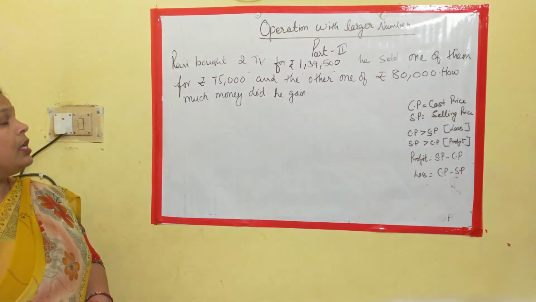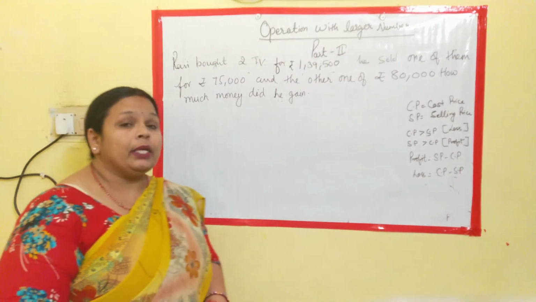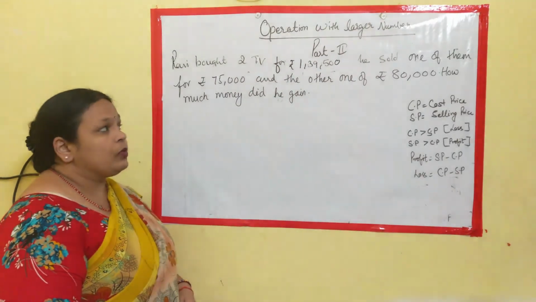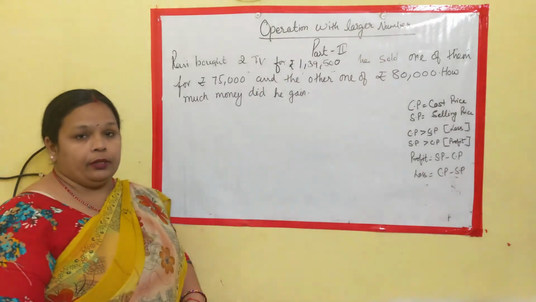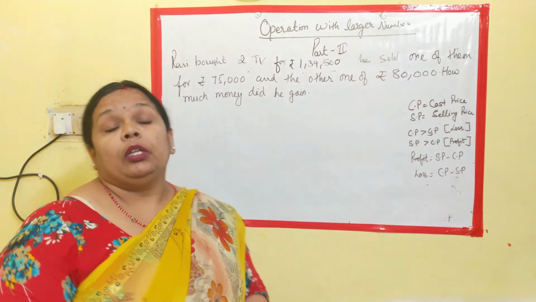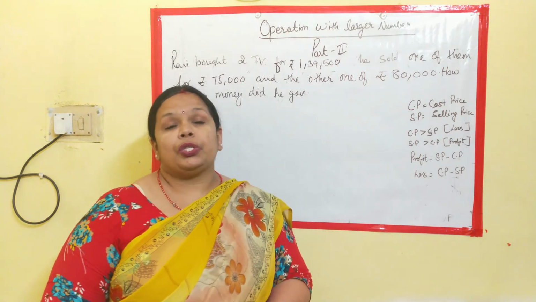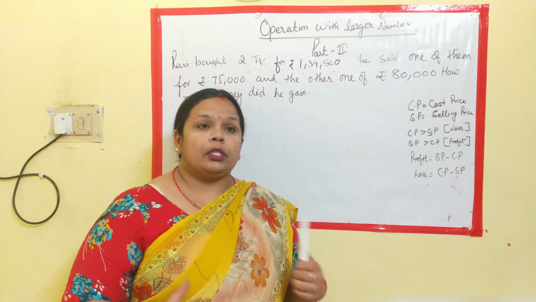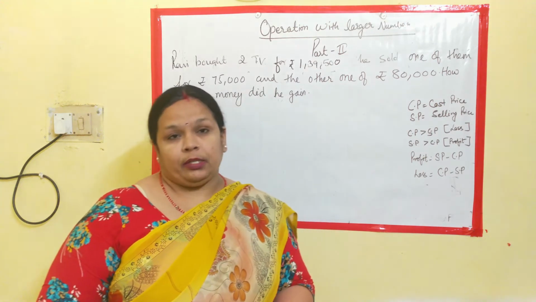Next example is: Ravi bought 2 TVs for rupees 1,39,500 and he sold one of them for rupees 75,000 and the other one for 8,000. How much money did he get? Now this new word, gain, and the opposite of gain is loss, is discussed when we are doing calculation for rupees.